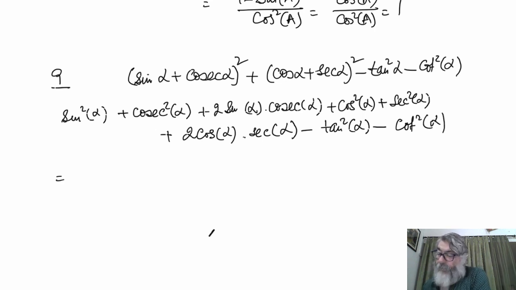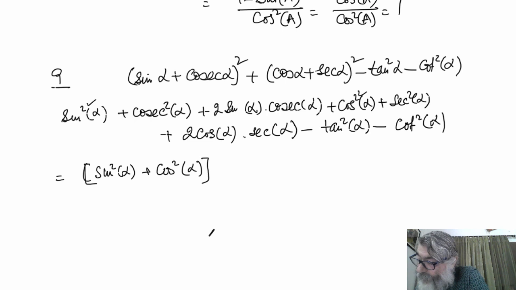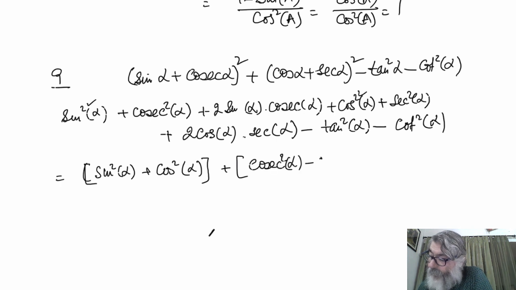Now let us combine this: sine square alpha plus cos square alpha will become 1. Cosec square alpha minus cot square alpha will also become 1.